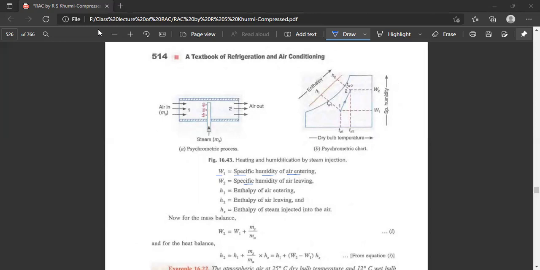For the steam injection, W1, W2 and H1, H2 are the enthalpies of the air entering and leaving.